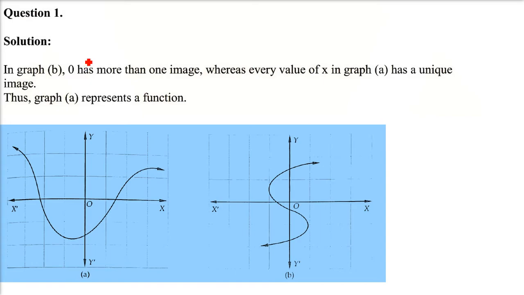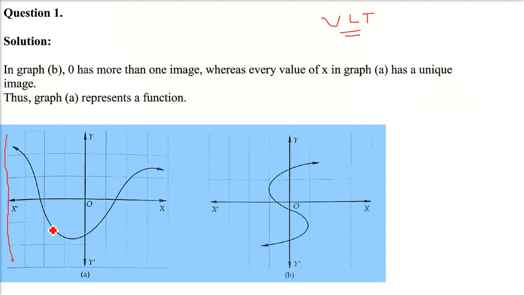So we have a test called the vertical line test that is employed to check whether it is a function or not. What do we do in this? We take a vertical line and move it horizontally across the graph.